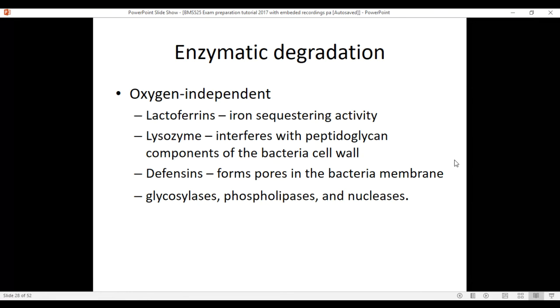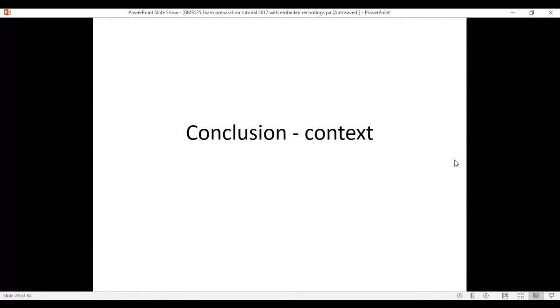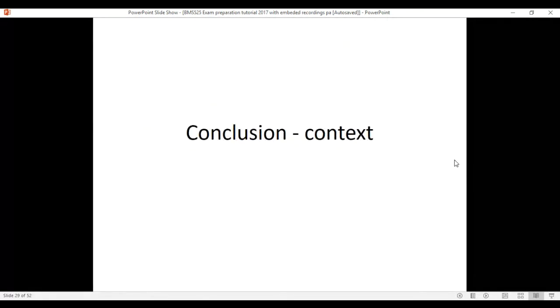And then you have a whole catalog of enzymes that will break down the pathogen structural components. So glycolysases will break down sugar components, phospholipases will break down membrane components, and nucleases will break down the genetic material. Okay, so that's a quick overview of phagocytosis, the main content.